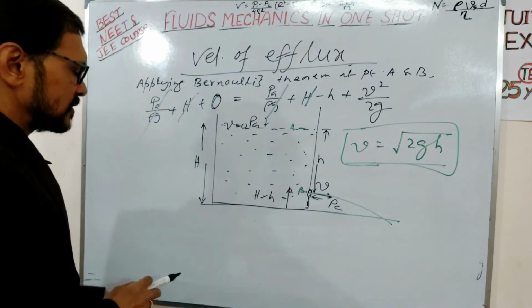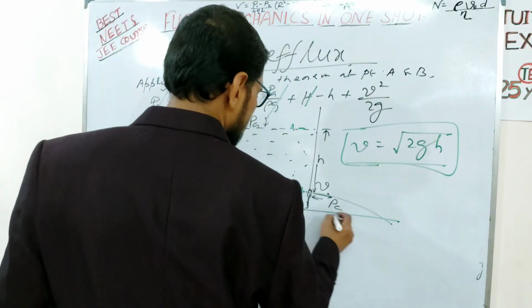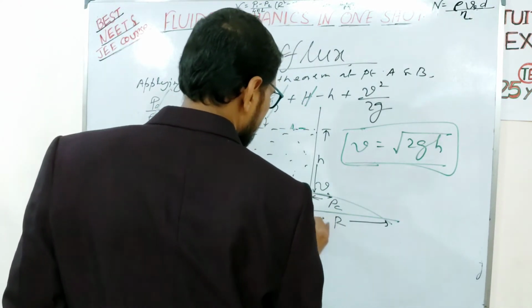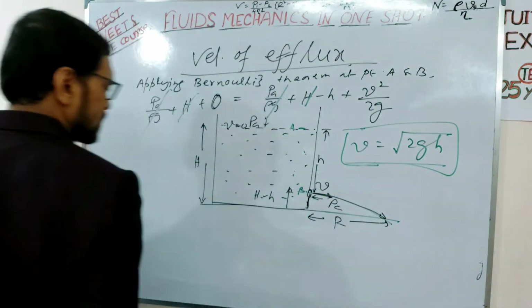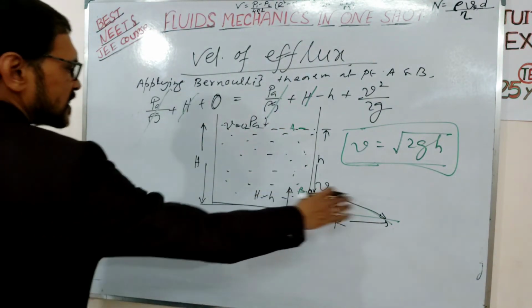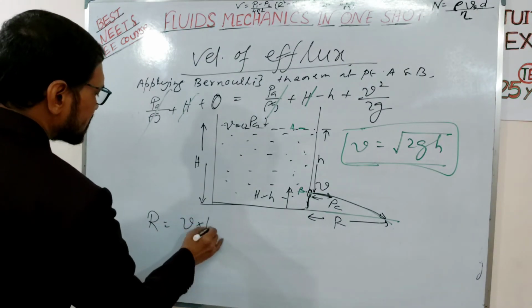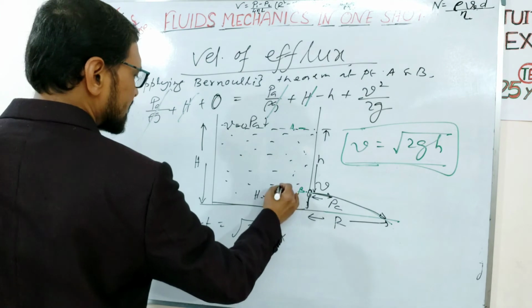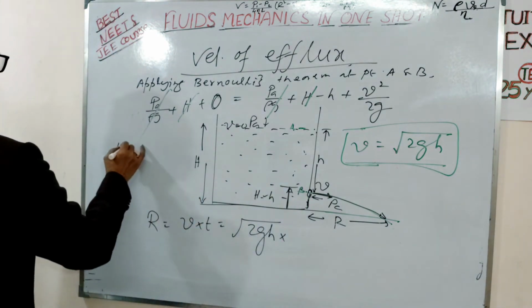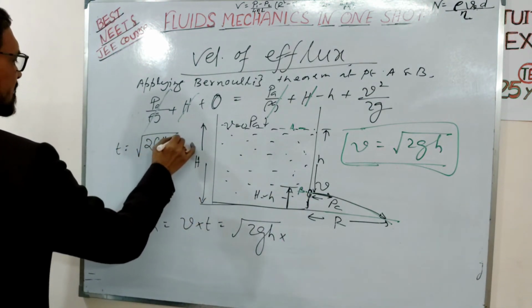Now what is the condition for range? The range of the liquid flow is the horizontal projection. Range equals velocity into time, where velocity equals root over 2gh. What is the time? Now this height is H minus h, so the time taken t equals root over twice of H minus h by g.